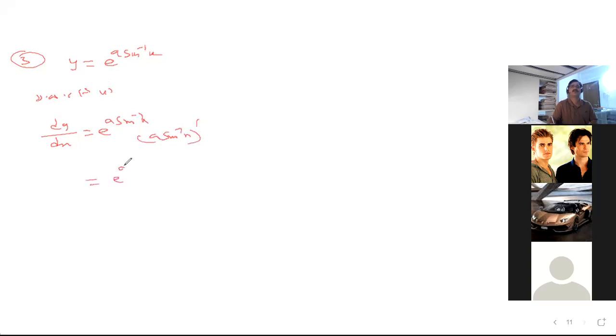How much, sir? e to the a sin inverse x times a by root over 1 minus x square. Or you can write it like this also: a e to the a sin inverse x by root 1 minus x square. Is it okay, sir? Yes, sir. No problem, you can write in this way also.